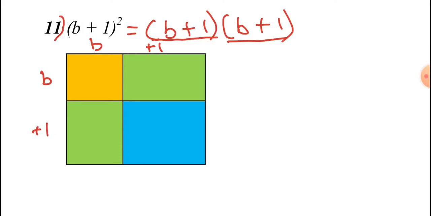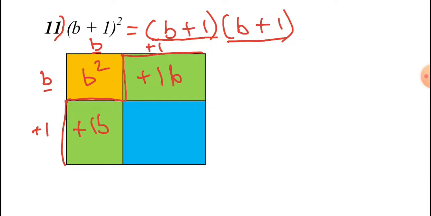So the area of the yellow square is b times b, which is b squared. Then the green rectangle will be b times 1, or 1 times b, which is plus 1b. Now I could have just written plus b, but it just helps with the working out to write it as plus 1b. And then here as well, b times plus 1, or plus 1 times b, is plus 1b.